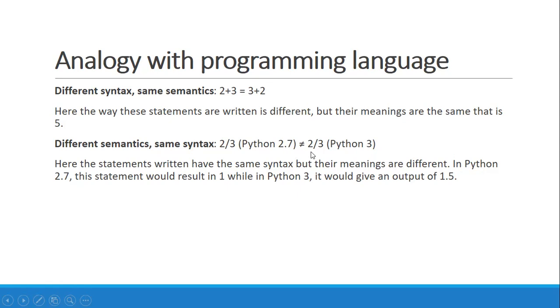Even though you are writing this expression 2 by 3, you don't get the same result. The statements written have the same syntax, but the meanings are different. In Python 2.7, the result of 2 by 3 would be 1, whereas in Python 3 version, the result of 2 by 3 would be 1.5 as the output.